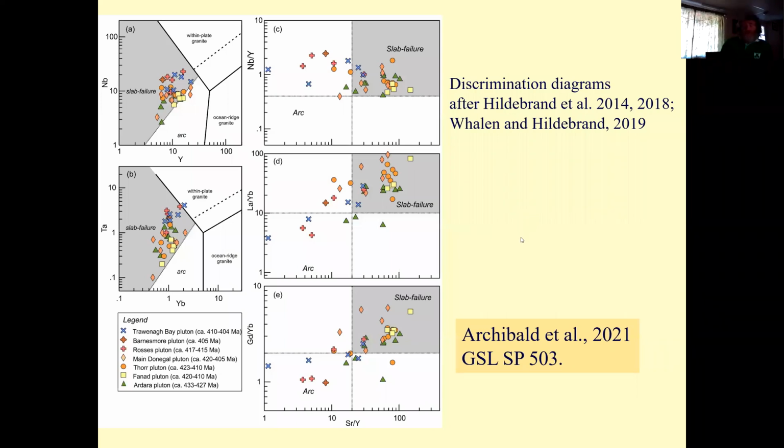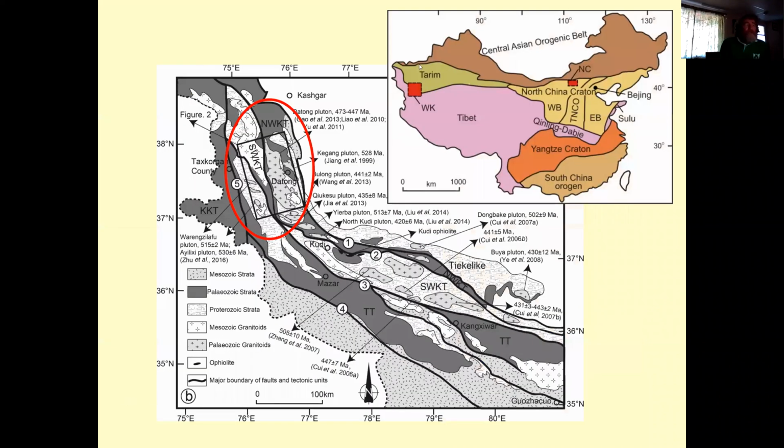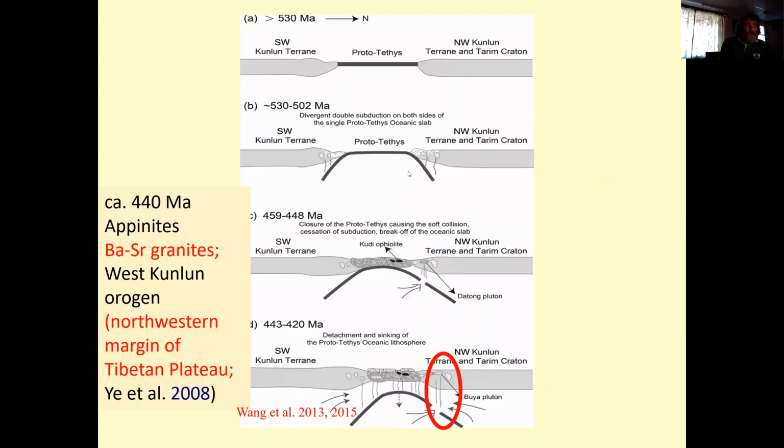Now, I've seen this sort of model employed in many other regions, and this is just one example. This is from the boundary between Tarim and Tibet. You can see in this, their model in here of Ye et al. Essentially, they're invoking the closure of an ocean by subduction. And the appinites and the coeval granitoid rocks are in place at the time of subduction cessation and time of collision.